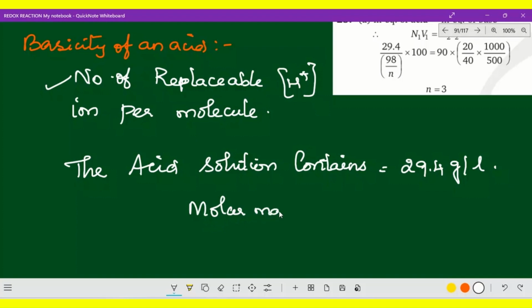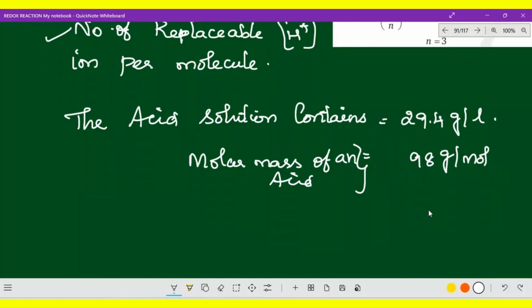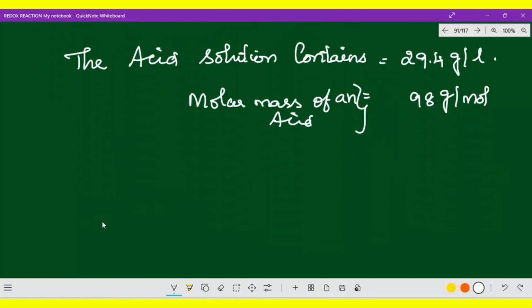Molar mass of the acid is actually 98 gram per mole. Right, now easily we can identify the molarity of an acid. How to find the molarity of an acid? Mass per liter divided by molar mass, you will get the molarity of an acid, right? Come on, molarity of an acid.